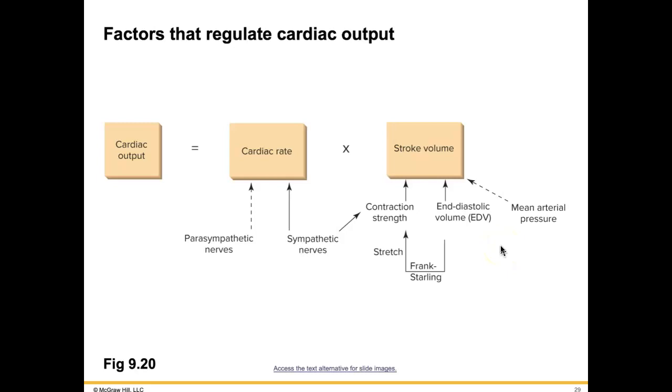And the components here with our stroke volume dealing with mean arterial pressure, really the resistance within the aorta and pulmonary trunk, and the end diastolic volume, the amount of blood that we have in the ventricles, and how much is our ventricle contracting to push that out. And it has to do with that Frank-Starling law in which we have more volume. It means we're going to have greater contractility.